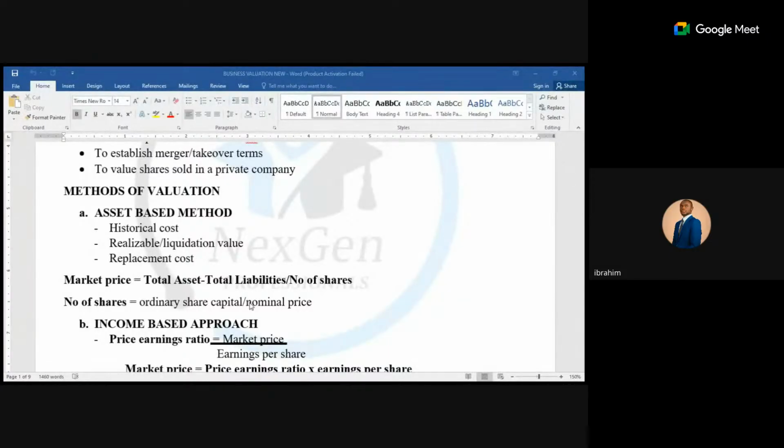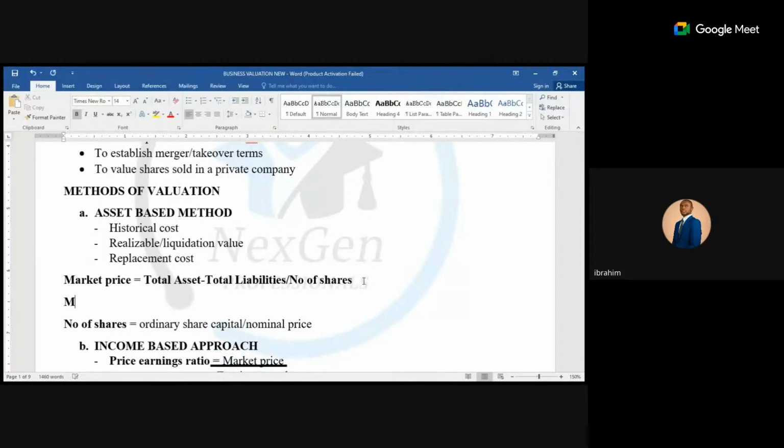We give you the market price of that company. Then when you want to determine the market value, you can multiply the market price times the number of shares. The price means per share, per one.